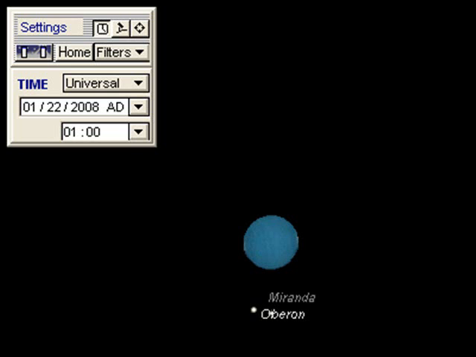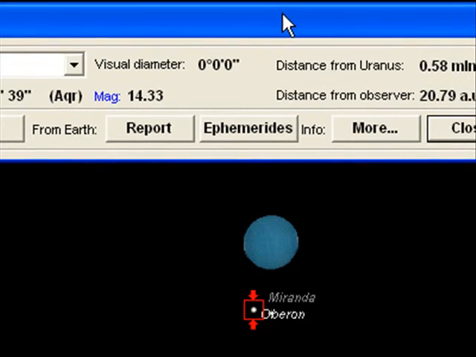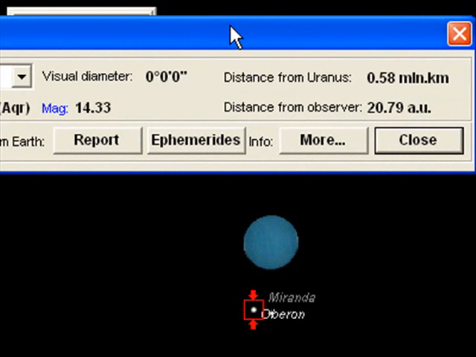We also need to figure out what the distance is of Oberon, so I'm going to click on it, and you could get this information from anywhere. I'll look it up right here. It says 0.58 million kilometers from Uranus, so 580,000 kilometers from Uranus.